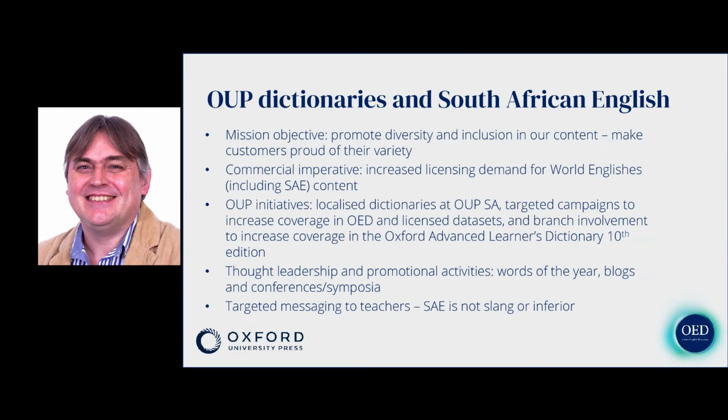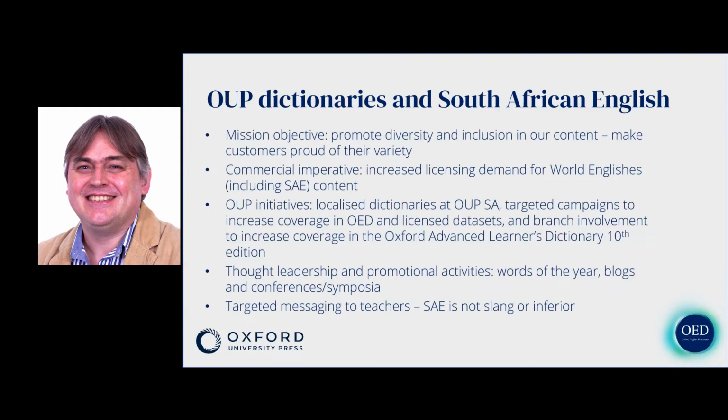The first one being that OUP as a publisher, in all its incarnations across the world, has a central mission. We see promoting diversity and inclusion in our content and really helping to make customers proud of their variety of English as central to what we're trying to achieve across the world as OUP.